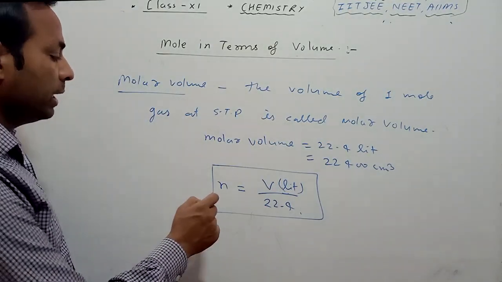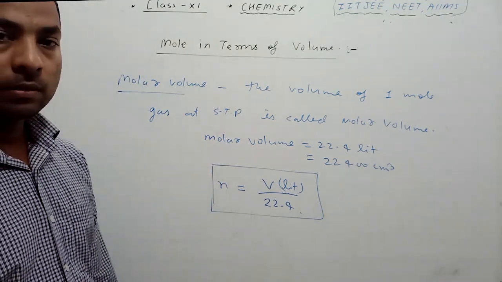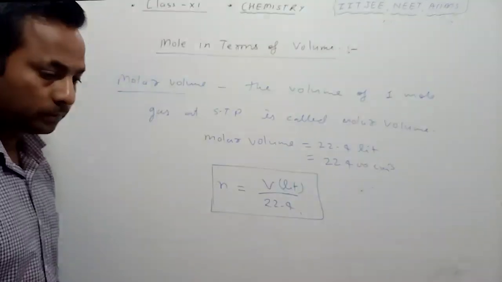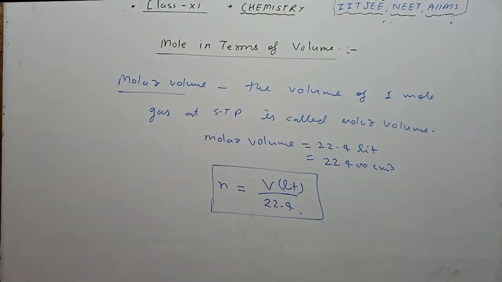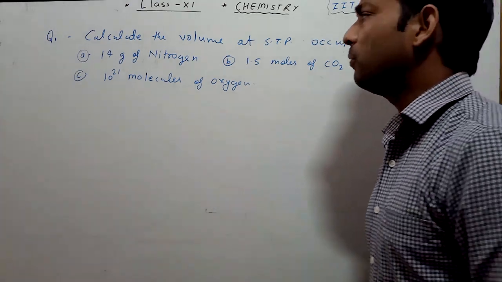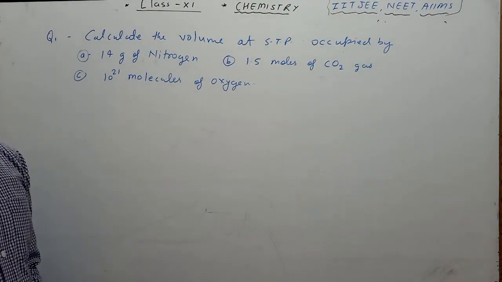I am going to tell one example related to mole and volume of gas. Please take a screenshot. Well, students, I have written a few questions related to moles of gas at STP.